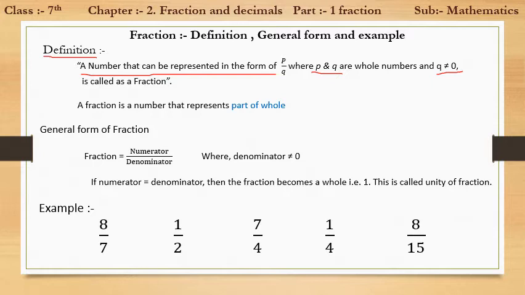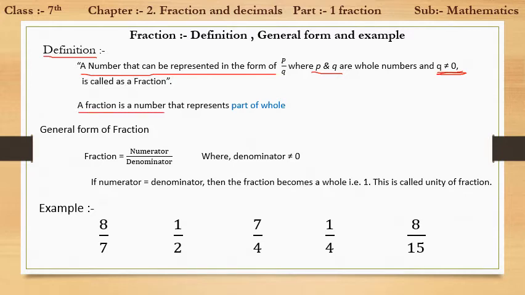If we get q equal to 0, then in the denominator there is 0, and 0 cannot divide any number. That's why q not equal to 0 is an important aspect for fractions. So this is the main definition of a fraction.